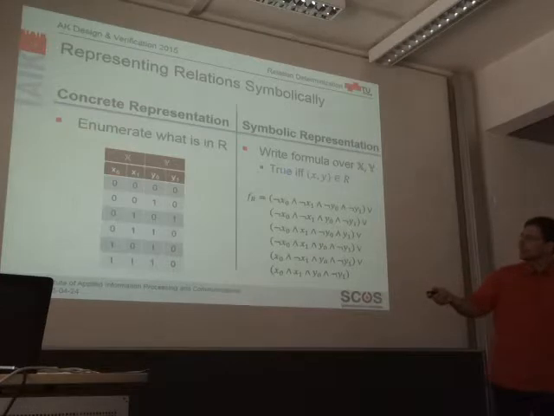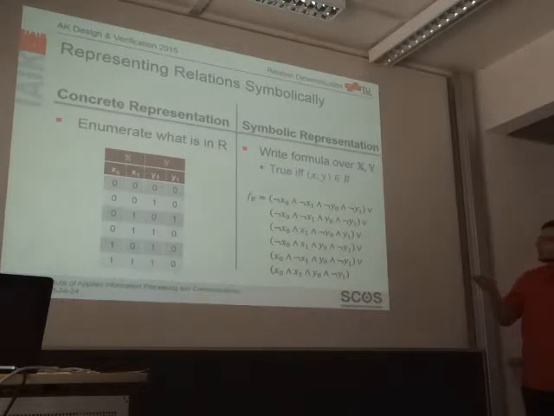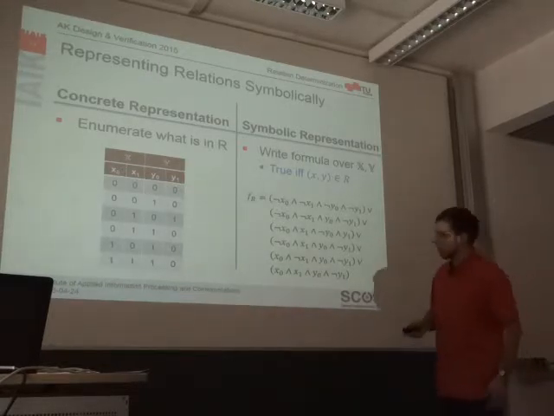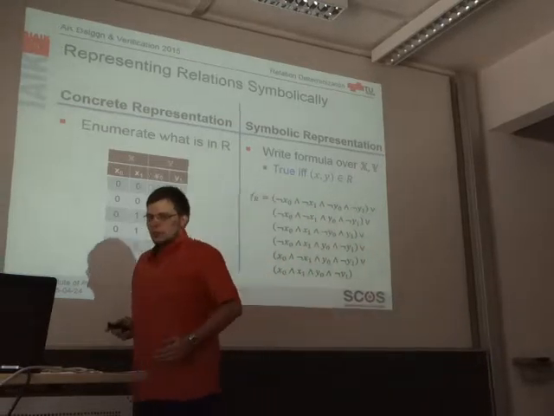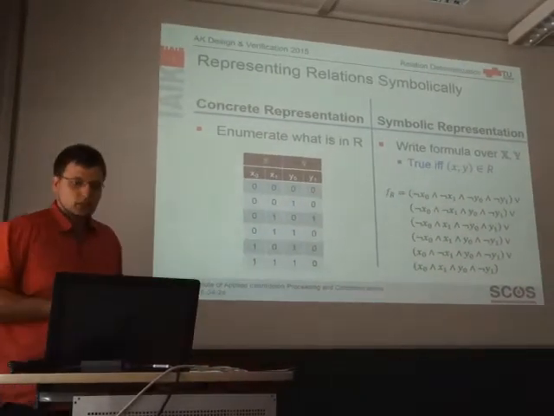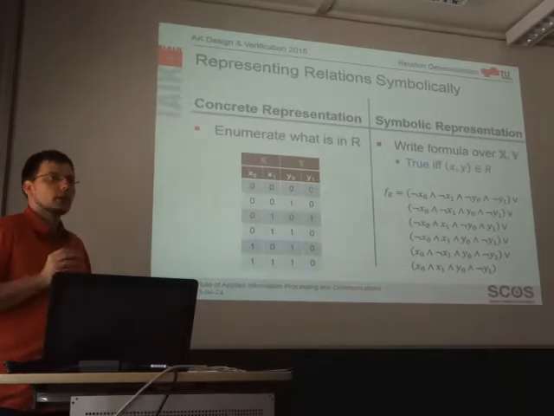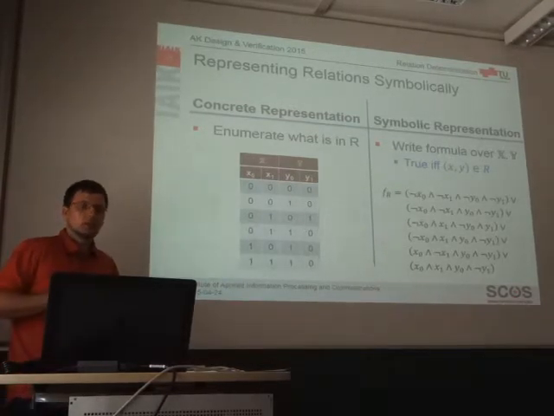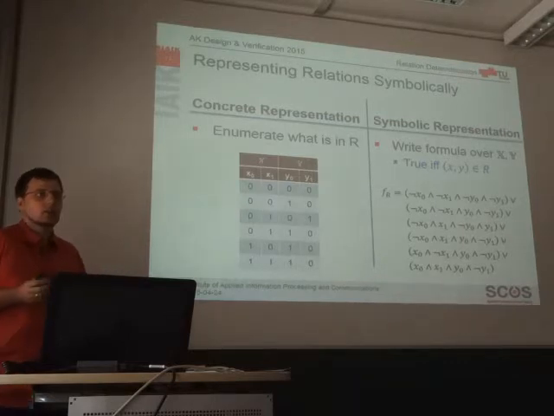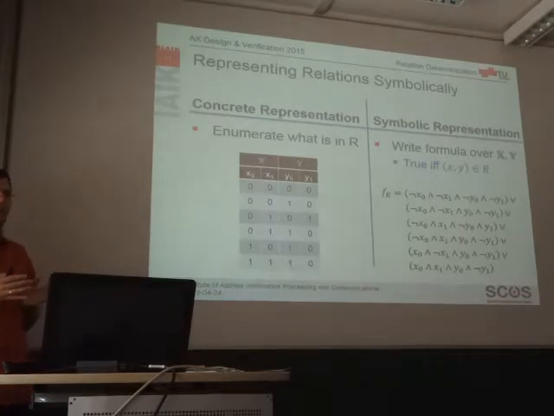So for example, this relation over here will correspond to this formula if we do it in a very straightforward and stupid way by just enumerating every line and disjuncting all of them, and probably there are lots of things that you could simplify here, but this is not the point right now. So, for the rest of this lecture we will mostly focus on symbolically represented relations, because the formulas that represent them are usually way smaller than the actual concrete representation.